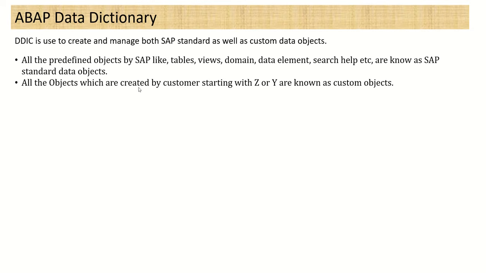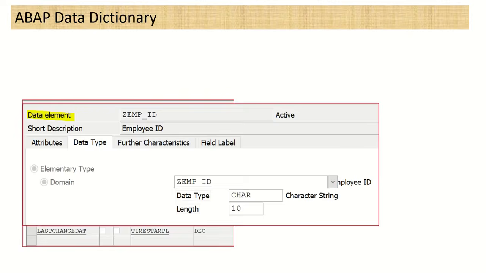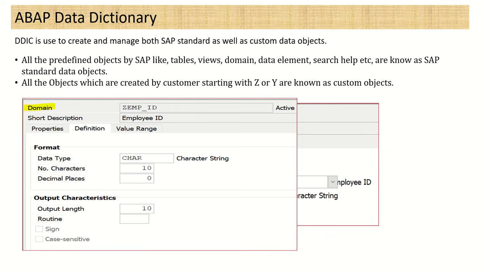In the DDIC also, whatever objects we create, whether tables, data elements, or domains, here we can see all are starting with Z. All those objects are known as custom data objects. So SAP-defined objects are standard objects, and any objects we create as consultants we call custom objects.